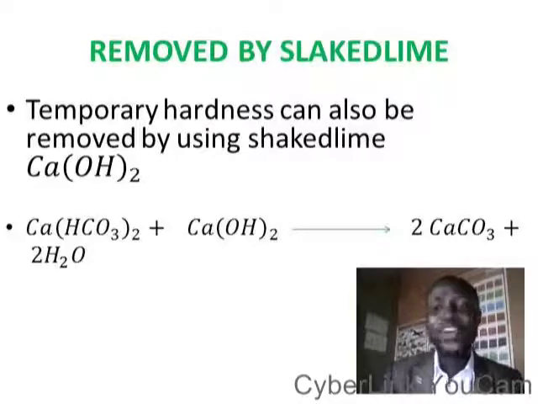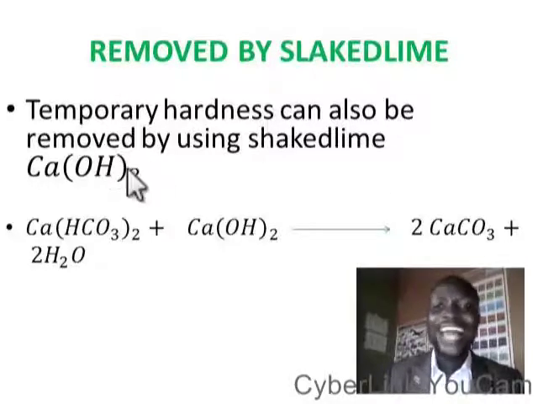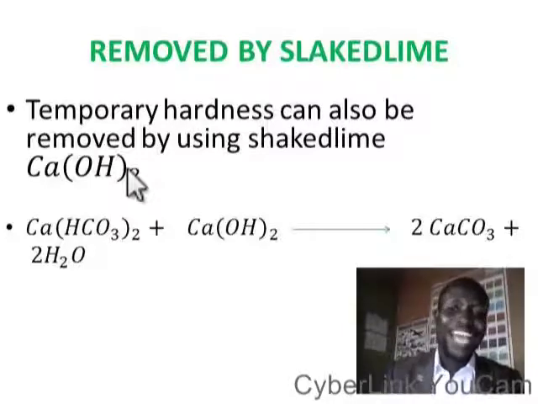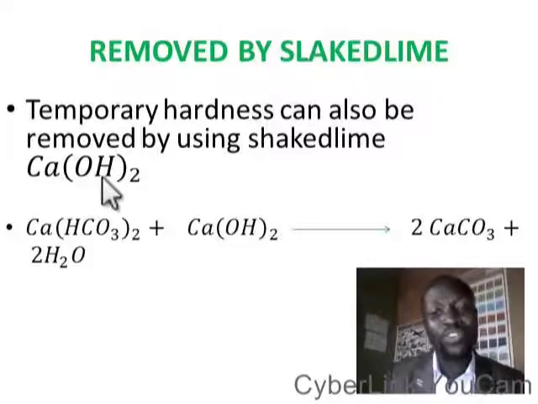Now, another method of removing temporary hard water is by adding slaked lime. Lime itself is calcium oxide. We call it quick lime. It will become slaked lime when water is added to quick lime. That is when you get calcium hydroxide as slaked lime.